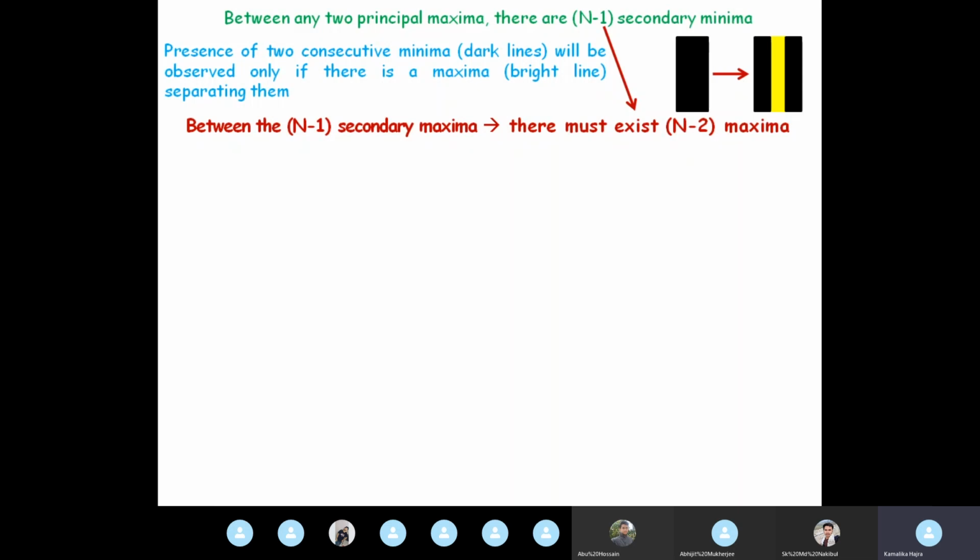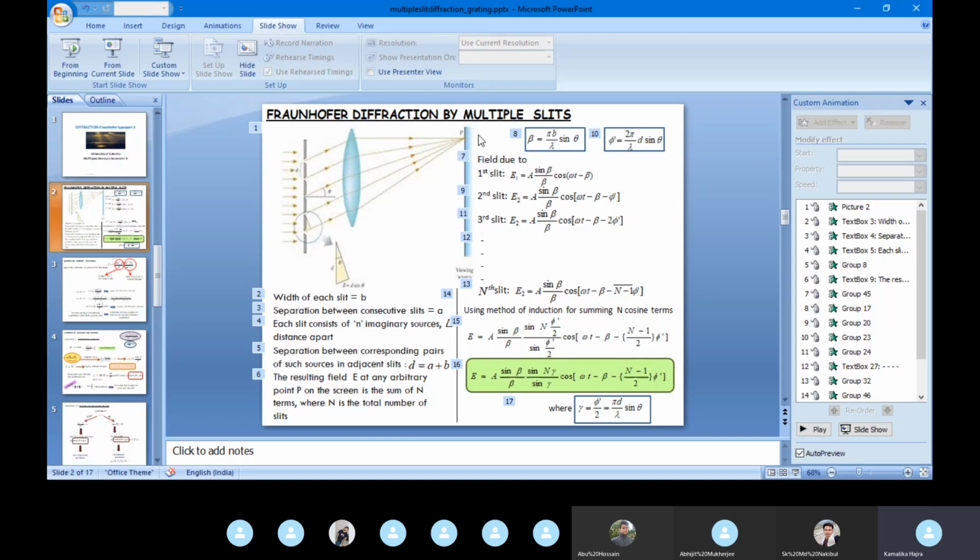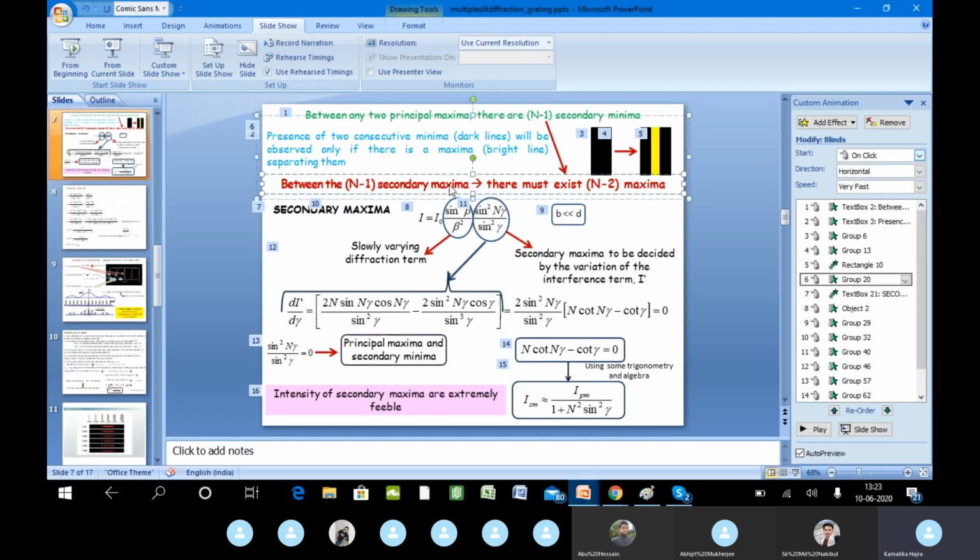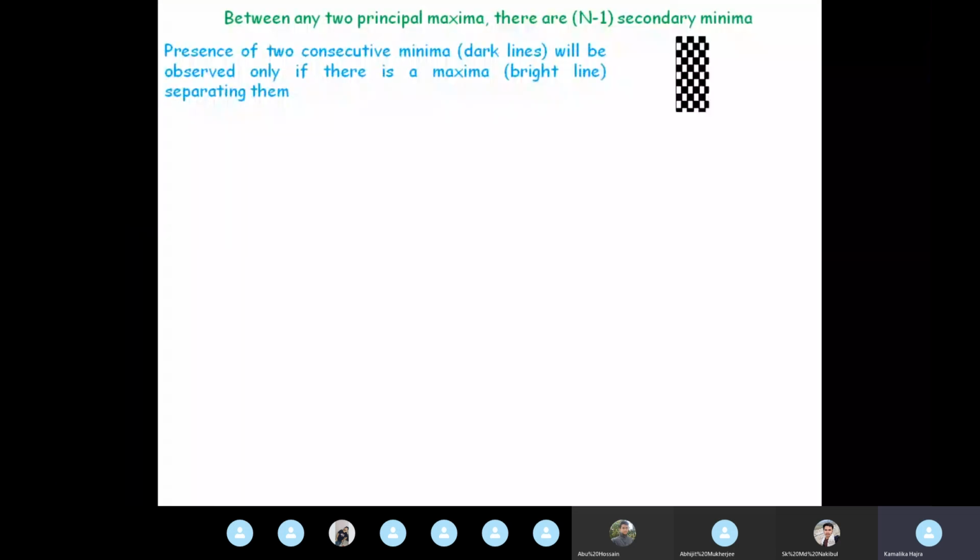So between the n minus 1 secondary minima, just a second, I'll just change this. Okay.